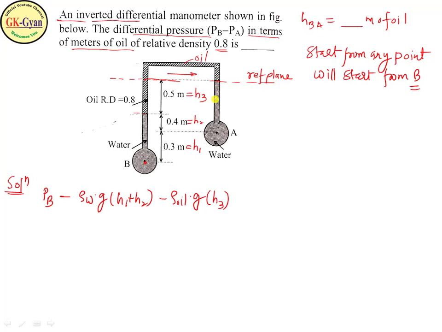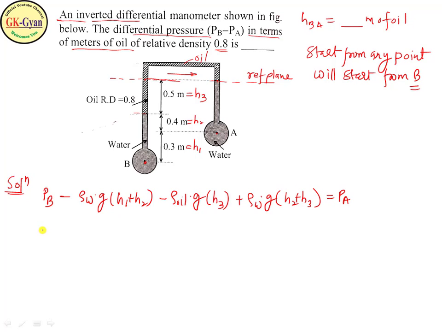From this point you are moving downward up to point A, where water is present. What is the fluid? Water. So moving downward, it will be plus rho of water into G, and the height will be H2 plus H3, equal to PA. You have to find out PB minus PA.